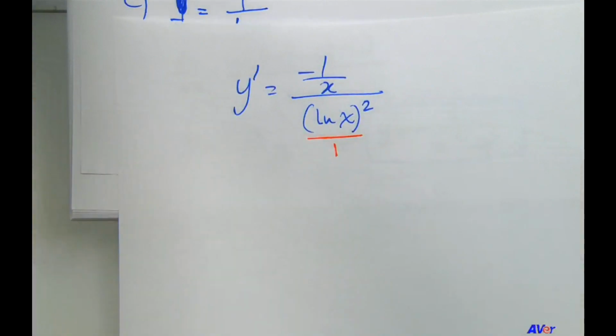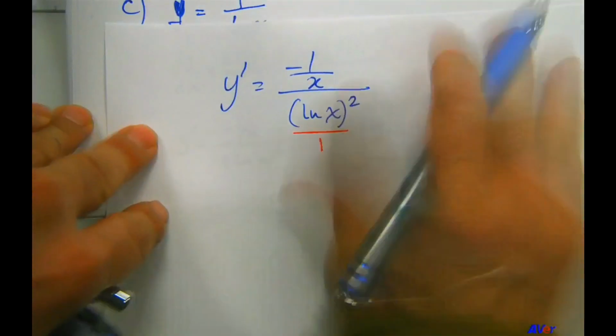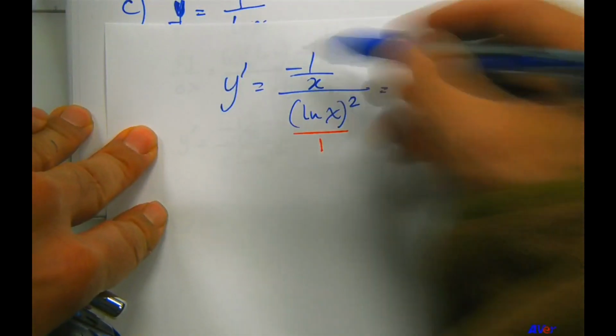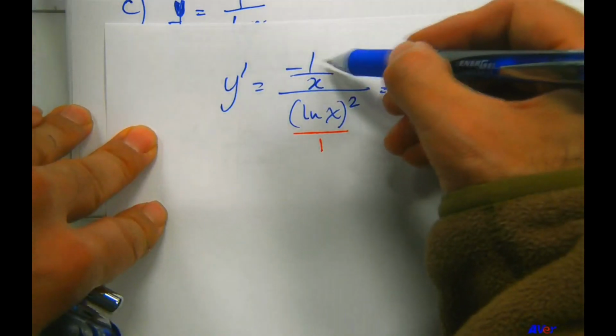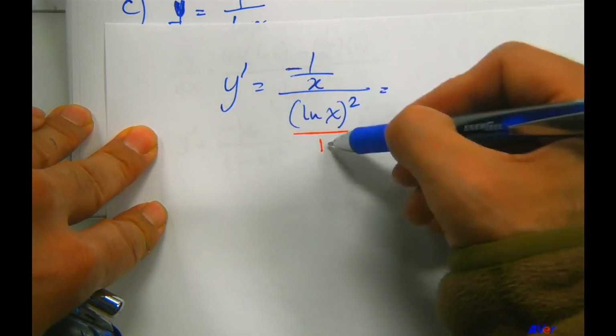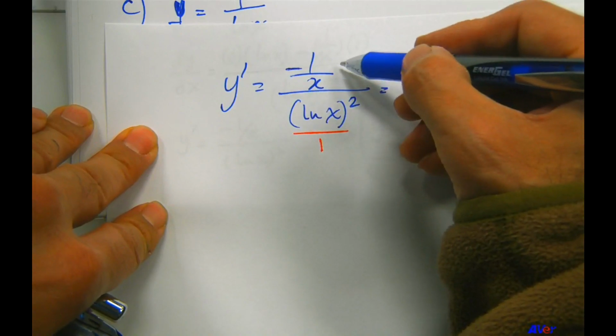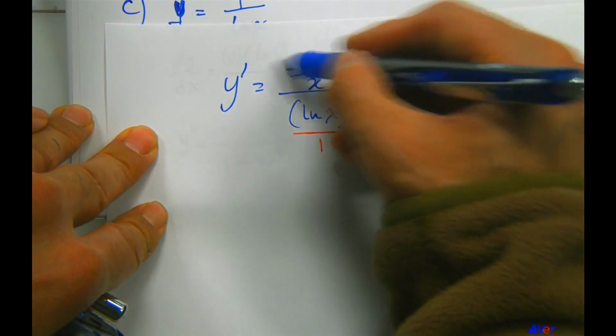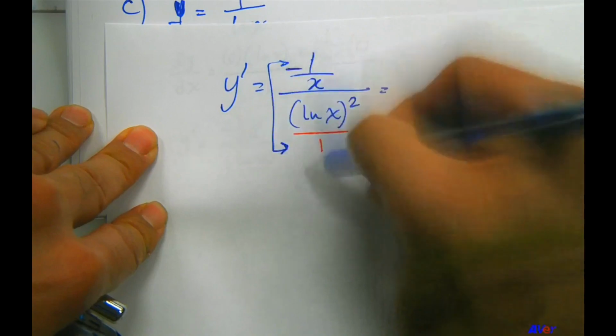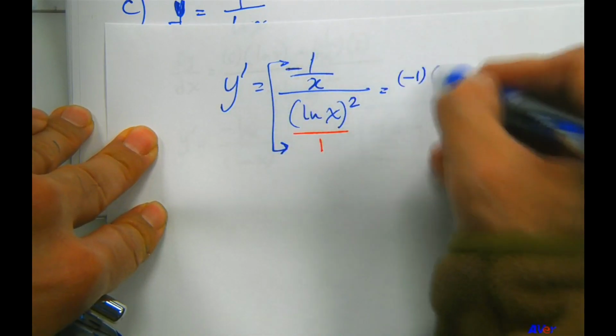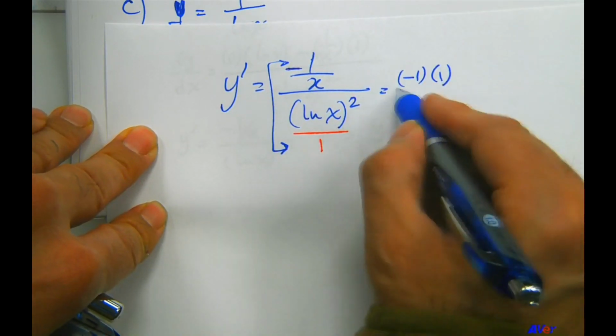Then the easiest and most efficient way of simplifying complex fractions is multiply the farthest terms. In this case, minus 1 and 1 are farthest away from each other. So minus 1 times 1, and put that in the numerator.